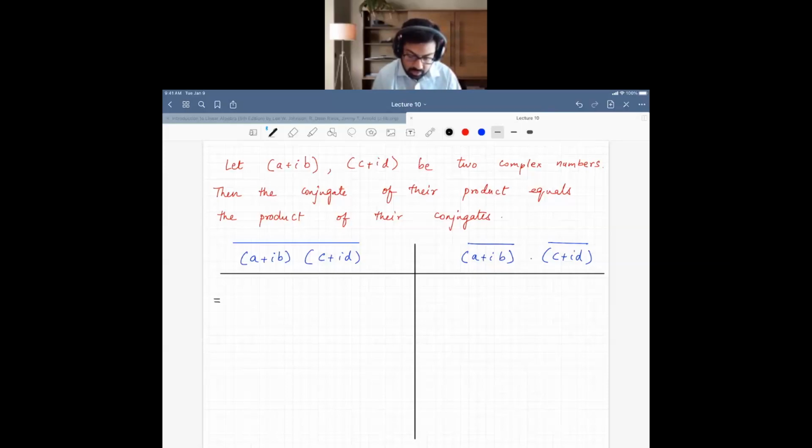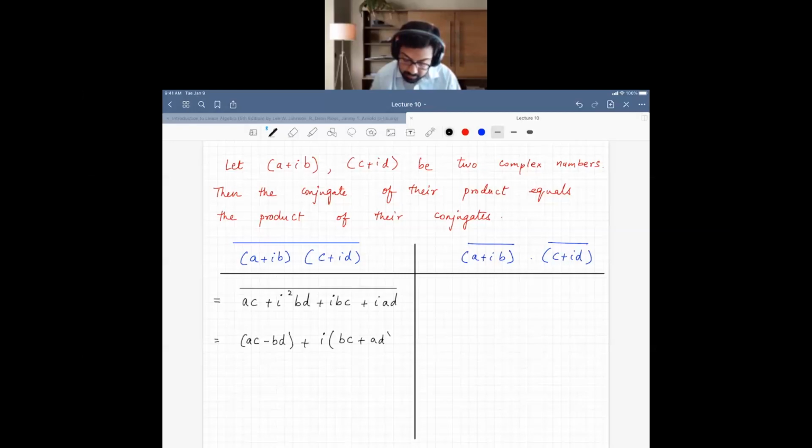We have AC plus i squared BD plus iBC plus iAD, and the whole thing needs to be complex conjugated. Now i squared is minus 1, so the real part is AC minus BD, plus, factoring the i term, BC plus AD times i, and then we still need to do the complex conjugate.